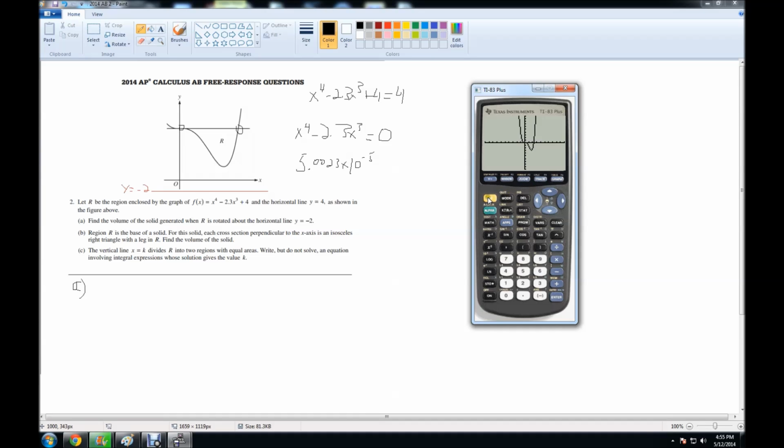But if we were to do the 0 option right now, second calc 0, we would do the left bound -1, and we would do the right bound about here. Enter, enter. It gives us a 0 of -2.16 times 10 to the -34. Now this is a very, very, very small number.